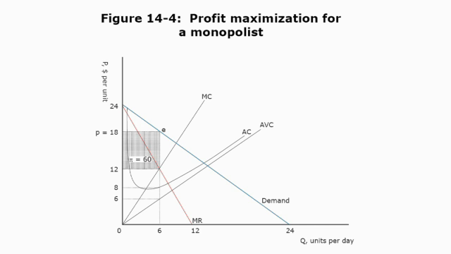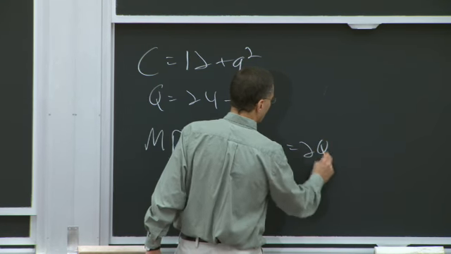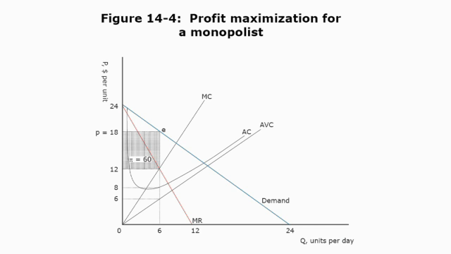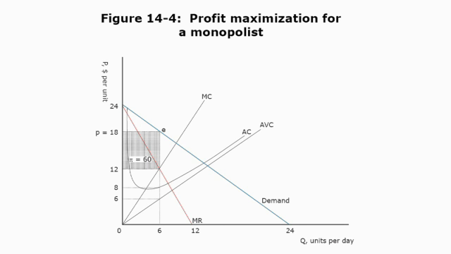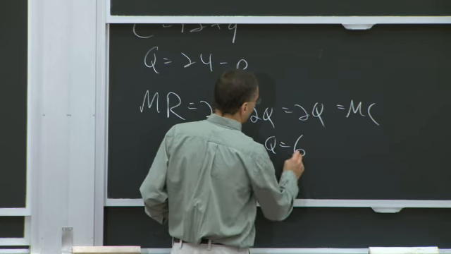What's marginal cost with this expression? Well, marginal cost is the differentiation of the cost equation, which is 2q. So the optimization condition for a monopolist is where marginal revenue, which is 24 minus 2q, equals marginal cost, which is 2q, or q equals 6.